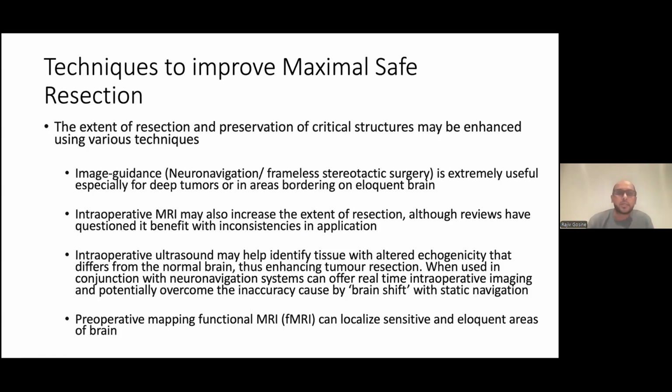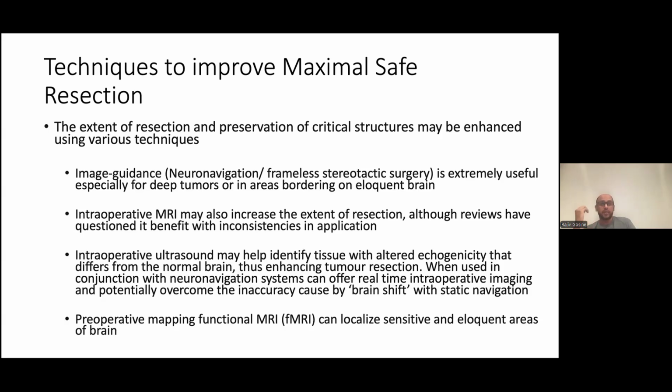Now, to improve the maximal safe resection, apart from standard microsurgery, there are a bunch of neurosurgical techniques that we use today to maximize the extent of resection and at the same time preserve the critical structures.